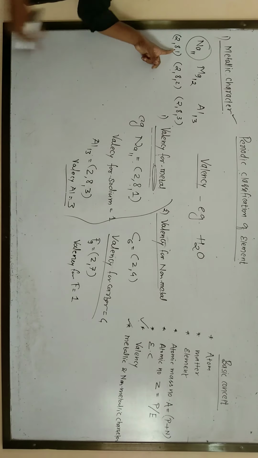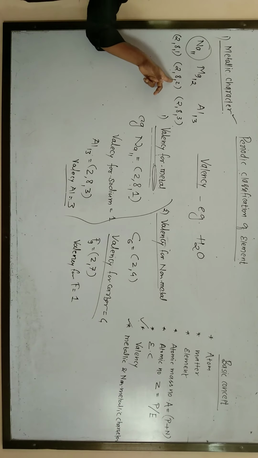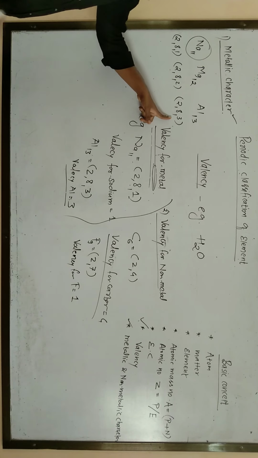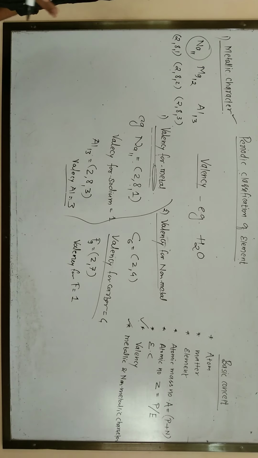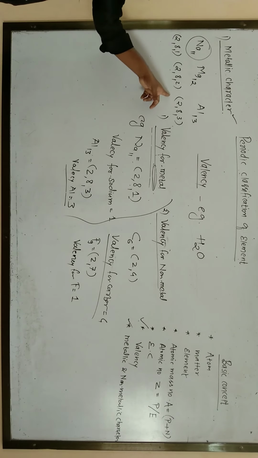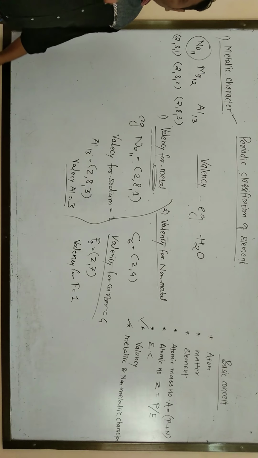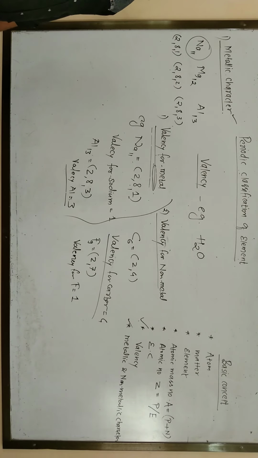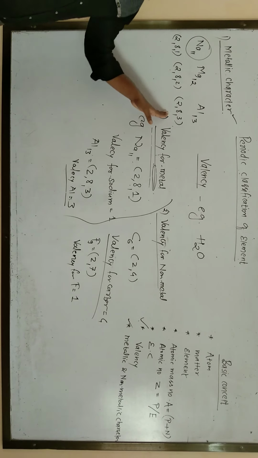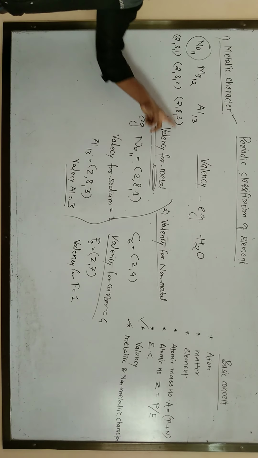So it is easy to donate one electron, but difficult to donate two or three electrons. As the number of electrons increases, the force of attraction between the electron and nucleus increases, and that's why the nuclear pull on the electron increases.